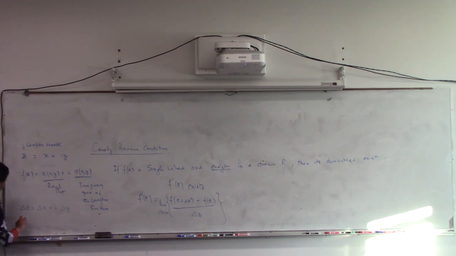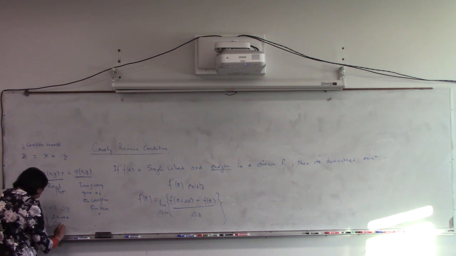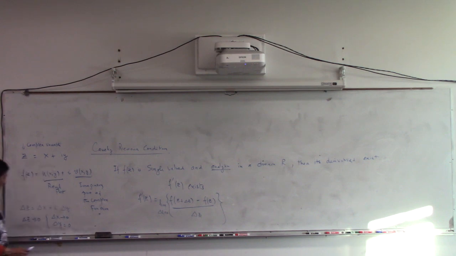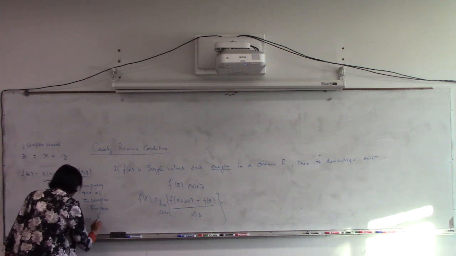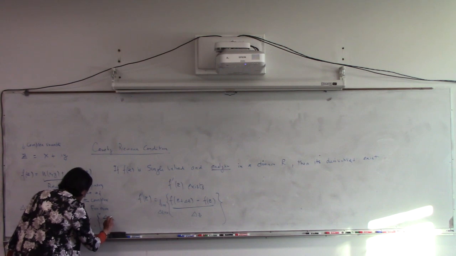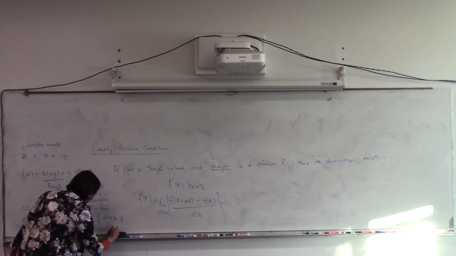And delta z tending to 0, I can do in two different ways. I can make delta x tending to 0 and put delta y identically equal to 0, because we have two parts here. Or I can say delta x is identically equal to 0 and delta y tends to 0.